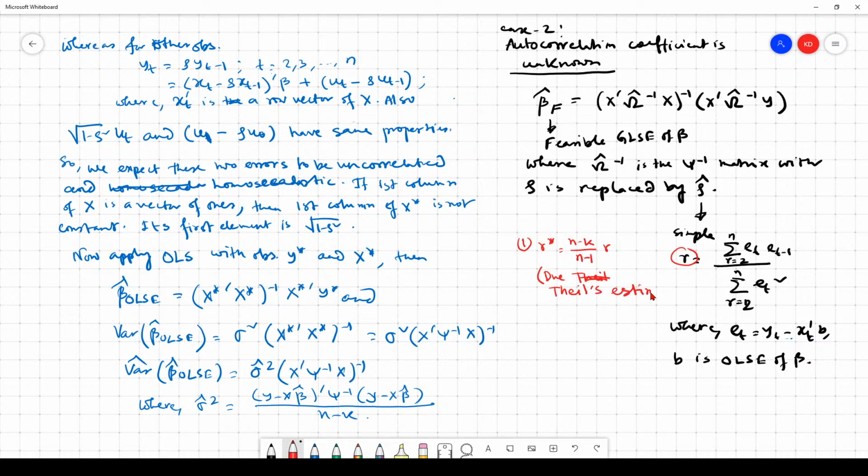And again we may use this form instead of r, which is equal to this for large n, where d is the DW statistics for H not rho equal to 0.